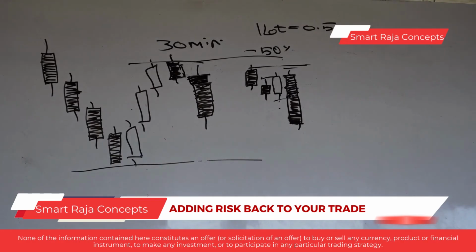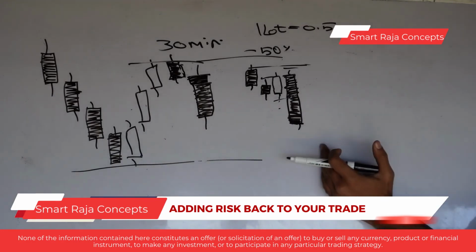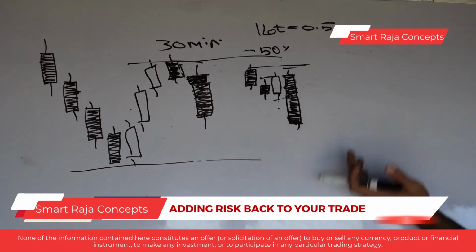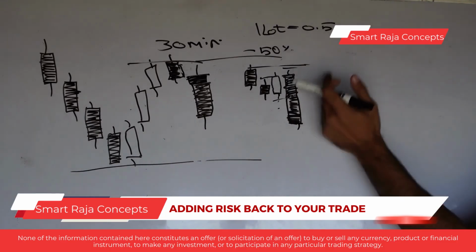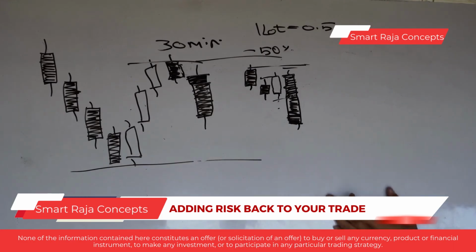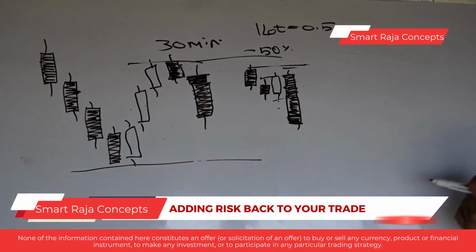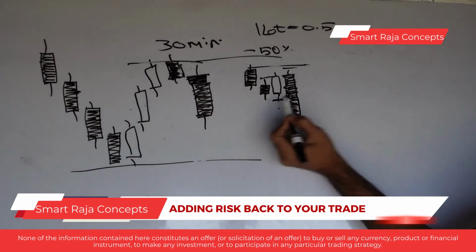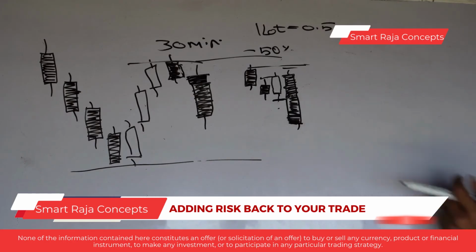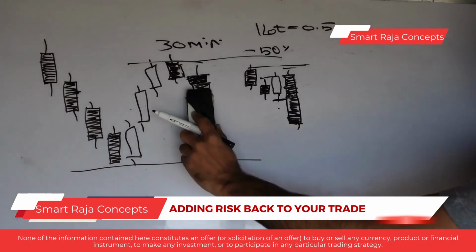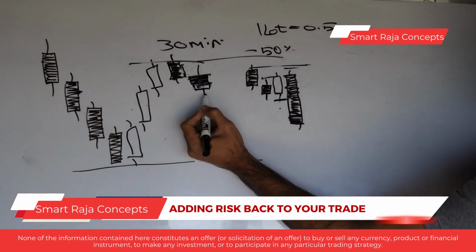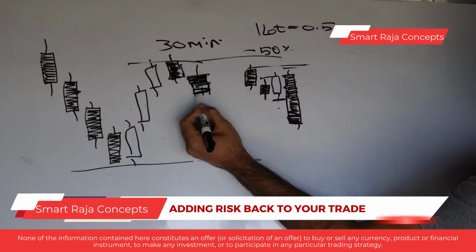That's why sometimes if you have a one lot and price moves, let's say 100 pips, and you've managed risk here, instead of making $100, you make like $50 because you let the 0.5 run till 10 pips or whatever. But some people are more advanced, more experienced. So what they're going to do is they're going to say, okay, if the 15-minute candle is breaking below this low, that also means the 30-minute is breaking below its own low as it starts to go down.